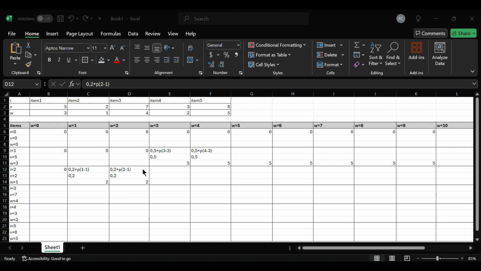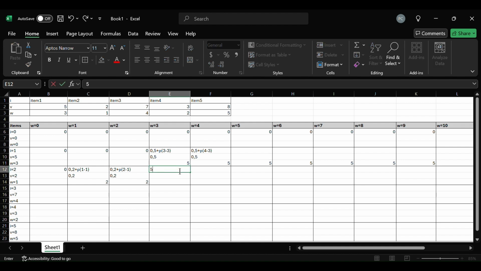Then we'll move on to the next situation here. So again, I will repeat, did not pick up versus pick up. If I do not pick up, my value will be 5. Okay, so look at the block on top of it. Our value will be 5 if I do not pick up. Or if I do decide to pick up, my value will be 2 plus the profit of the remainder.